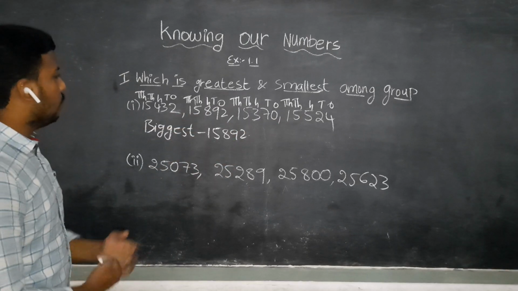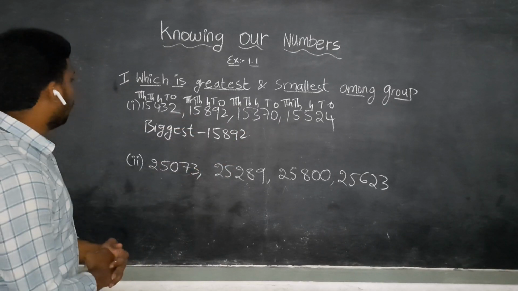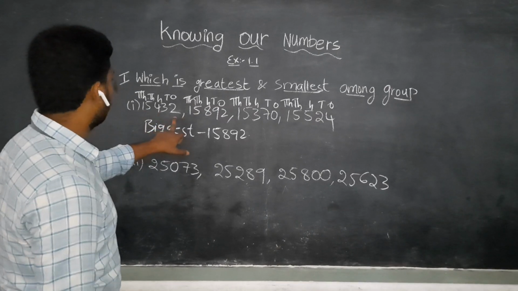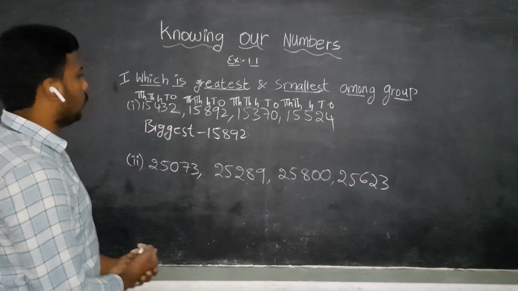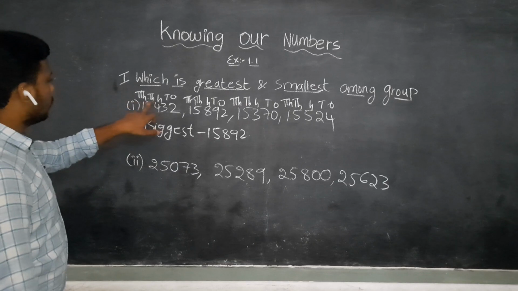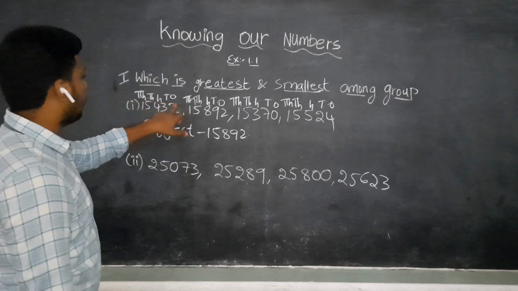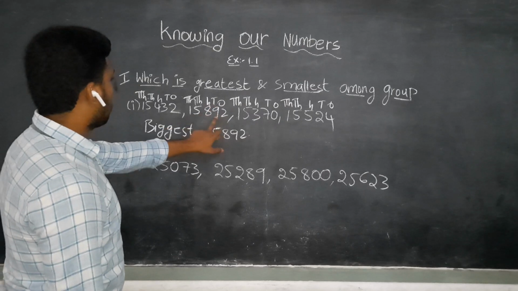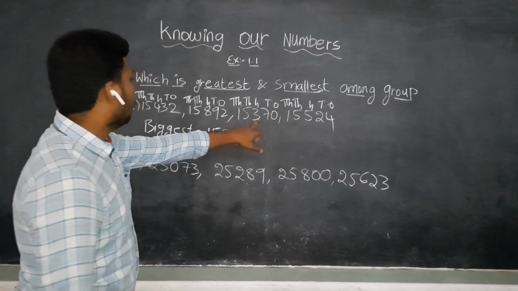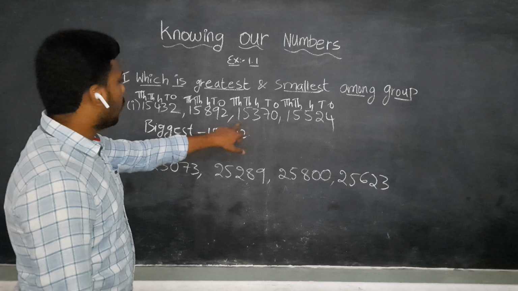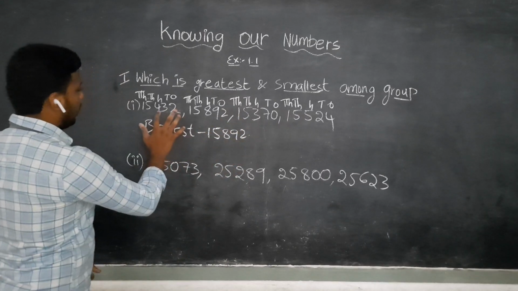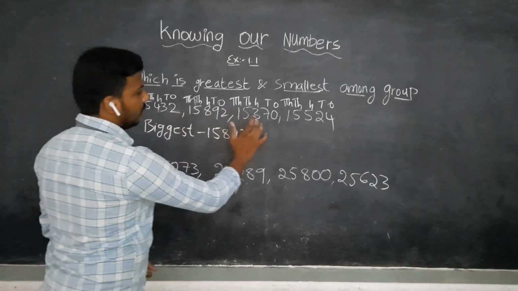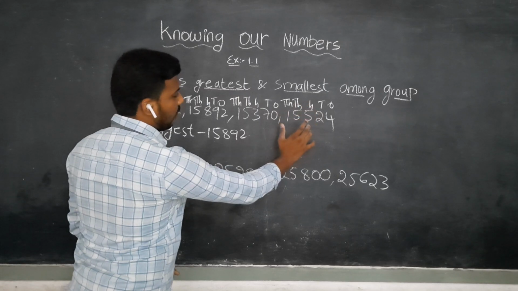Right now we'll check which is the smallest among the group. For this also we have to look at 10,000s, thousands, hundreds, tens and ones. We got the smallest value because in the place of hundreds we have 4, 8, 3, and in the other we have 5.